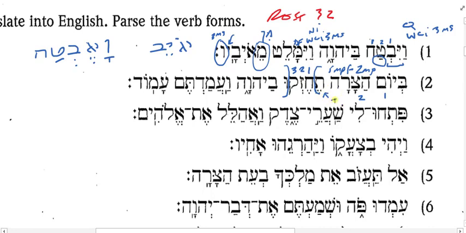It's an I class. So which verbs get I class vowels in their imperfect? Which stems? The kal and the nifal do. Okay? The kal and the nifal. Here in our present chapter, chapter 32, we learned about the kal when we have gutturals in root 1 position.